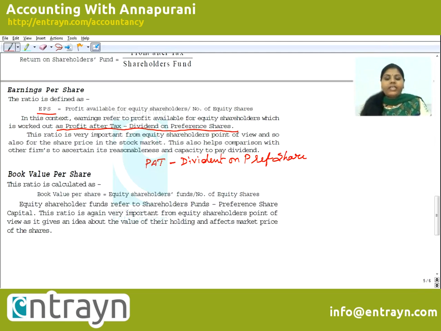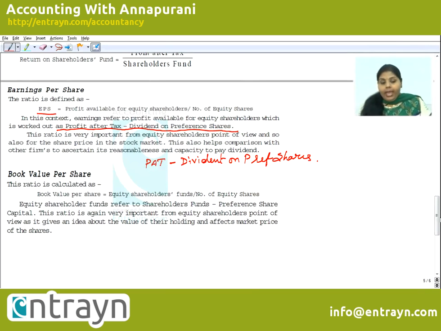In case there is any dividend that is declared, when that is deducted from PAT, you get the profit available to equity shareholders. So profit available to equity shareholders divided by number of equity shares will give us the earnings per share ratio.